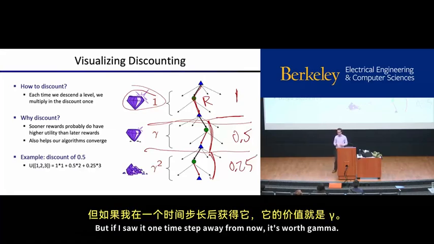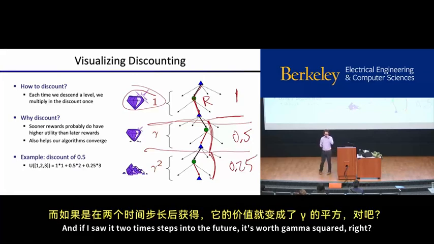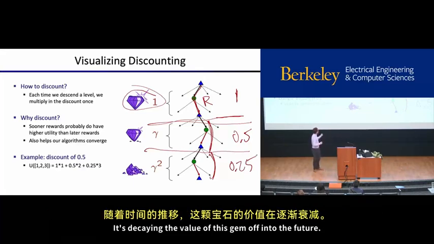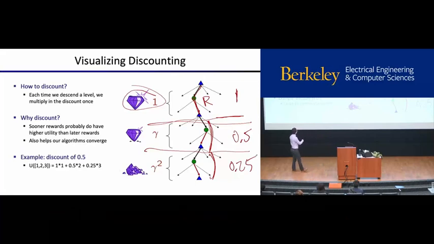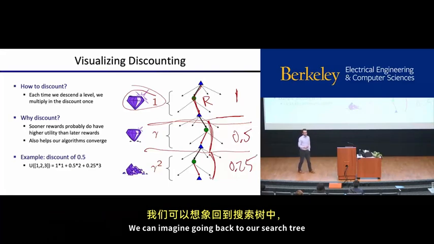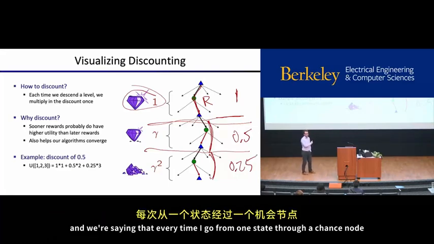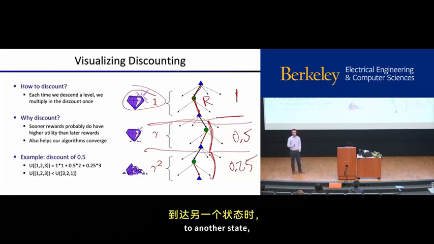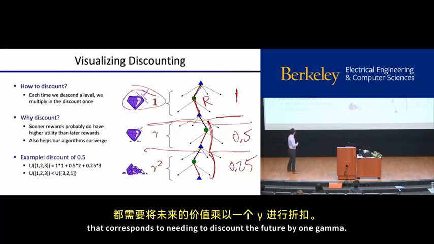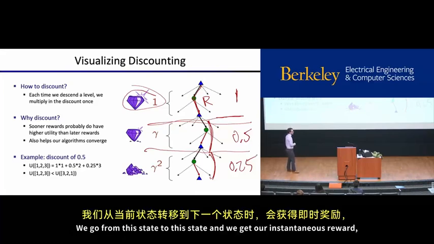This is going to solve one of the problems we had last time: if I see a sequence 1, 2, 3, I can do discounting on each of these things, and I get 1 times 1 plus 0.5 times 2 plus 0.25 times 3. This is 1, gamma, gamma squared. If I compare that to 3, 2, 1, I will do 1 times 3, 0.5 times 2, and 0.25 times 1, and that'll be a bigger number.